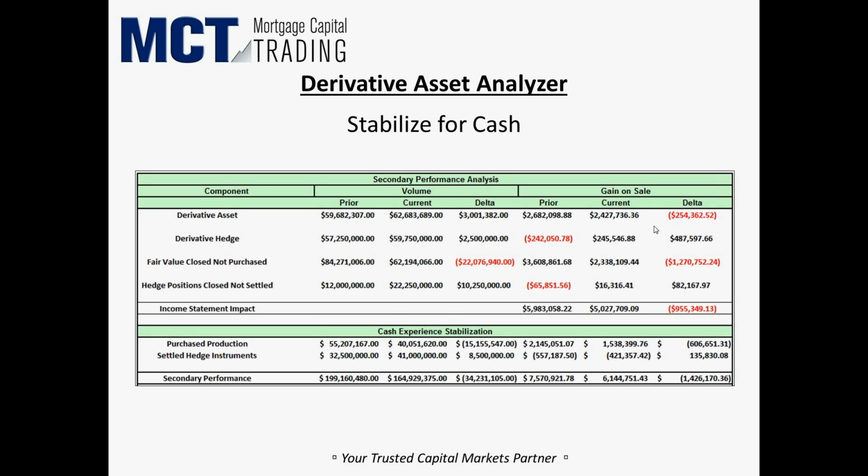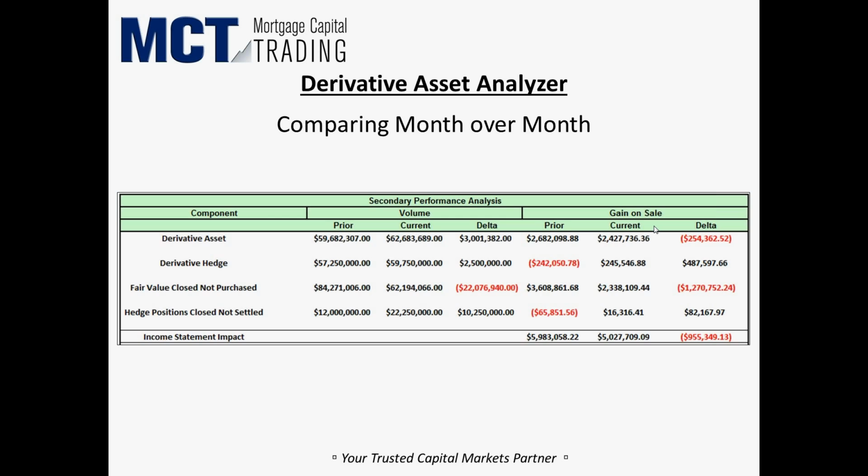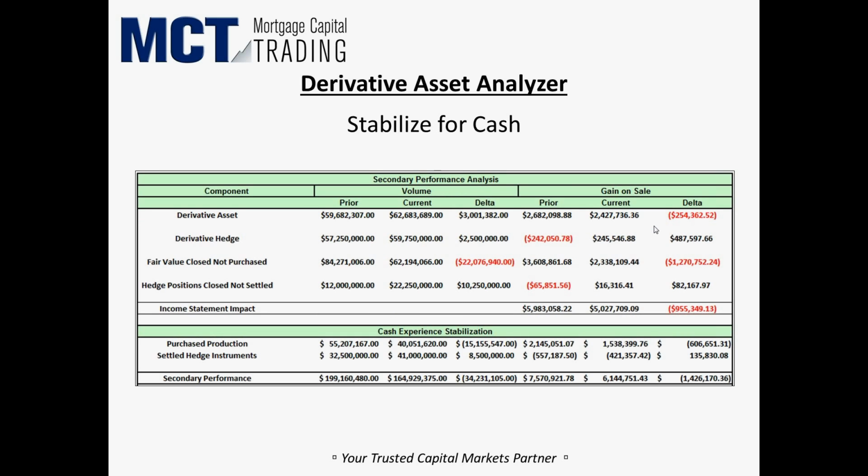So the first order of business is we want to stabilize for cash, for the cash experience. And what this does is it's going to take a look at the timing effect. Because again, flipping back down here, when we're looking at these journal entries, we're looking at two stages of a three-stage process.